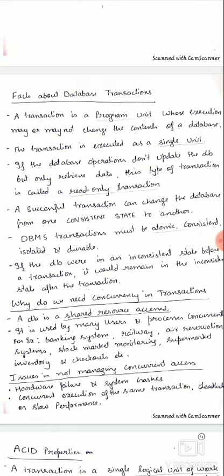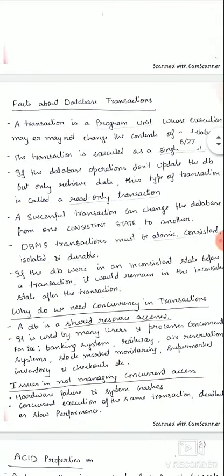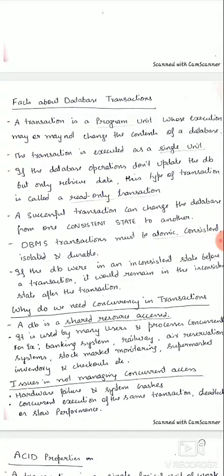If any one state is inconsistent and you still perform the transaction, it will not give you an efficient result. So DBMS transactions must be atomic, consistent, isolated, and durable, and then that transaction is said to be a successful or efficient transaction. So it has to follow these four properties: atomic, consistent, isolated, and durable.